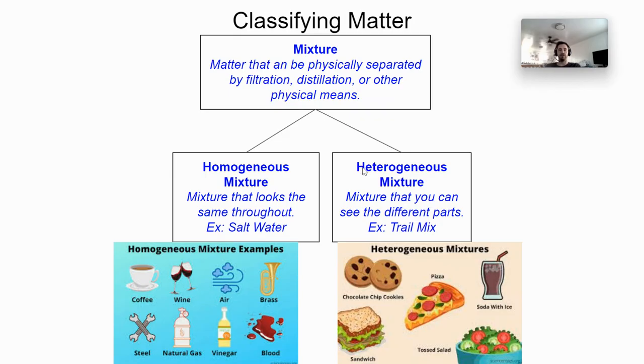It's a mixture where we can see the different parts, like chocolate chip cookies, trail mix, pizza, soda with ice. You can see the ice in the soda. A salad: you see the different parts of the salad. All those things are heterogeneous mixtures. So that's homogeneous versus heterogeneous mixtures. Next.